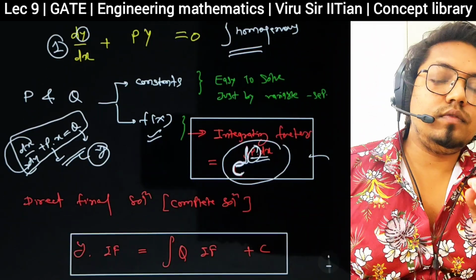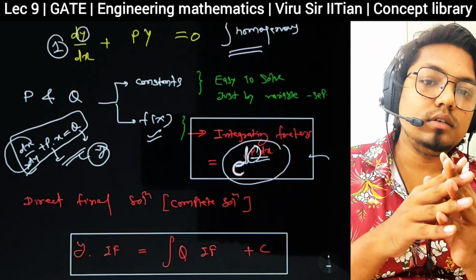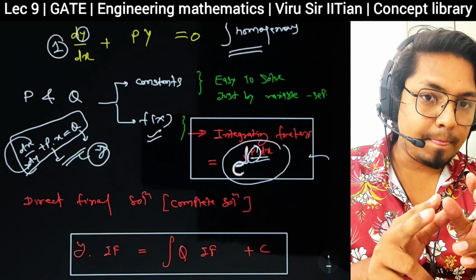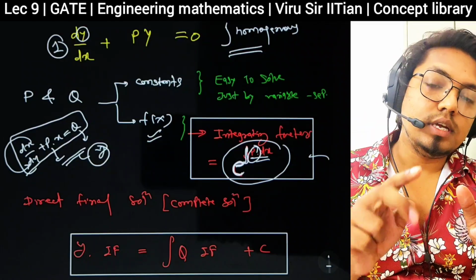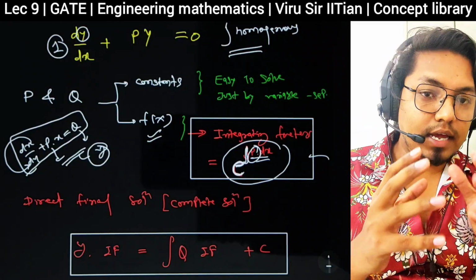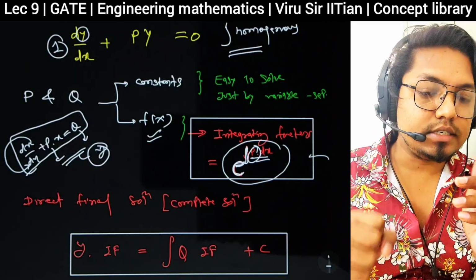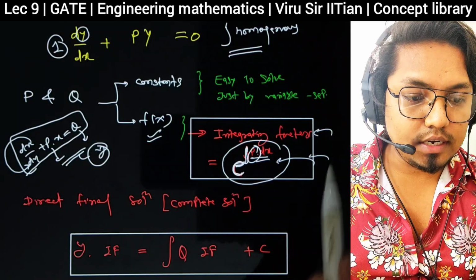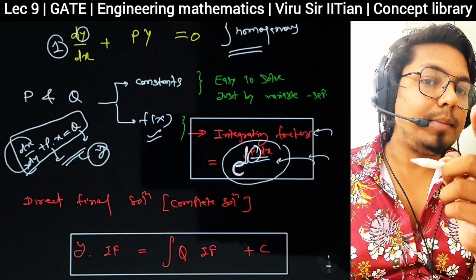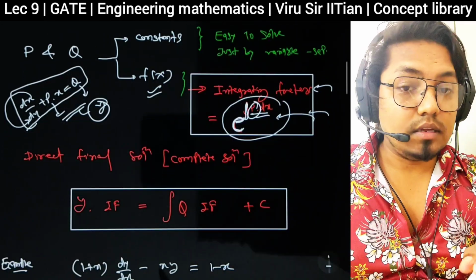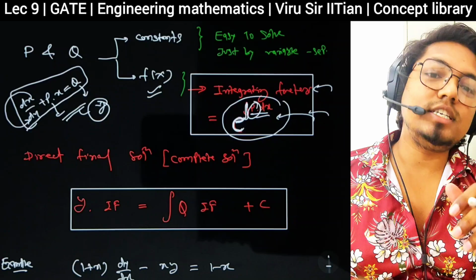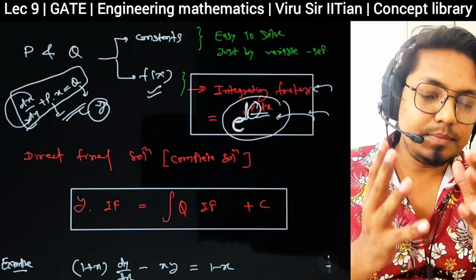In the case of a linear differential equation which is non-homogeneous, the toughness level is that you have to do integration two times. One integration is here to find the integrating factor, and one more integration I will tell you. The best part of this equation is that the steps are very simple.